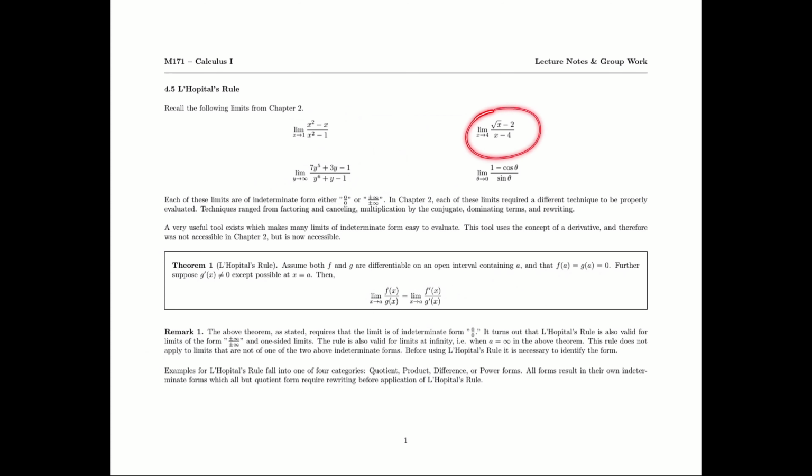Up here, for this limit, if you plug in 4, you do get 0 over 0. So that does work out. But because with L'Hopital's rule you have to take a derivative, when you take the derivative of a square root, you can certainly do it, but the derivative of a square root typically gets uglier and more complicated the more derivatives you take.